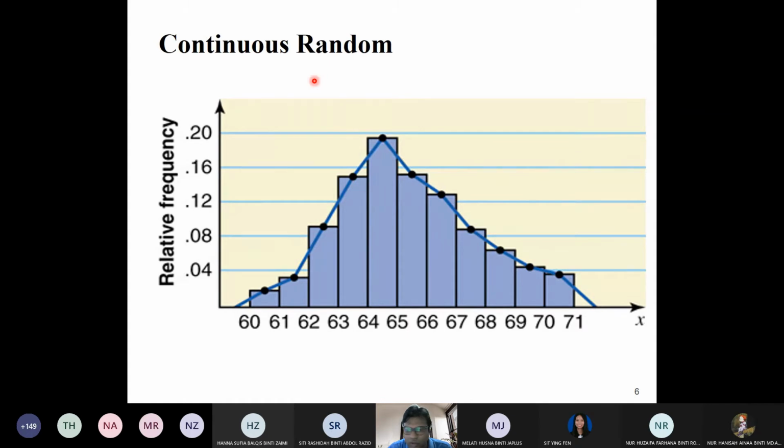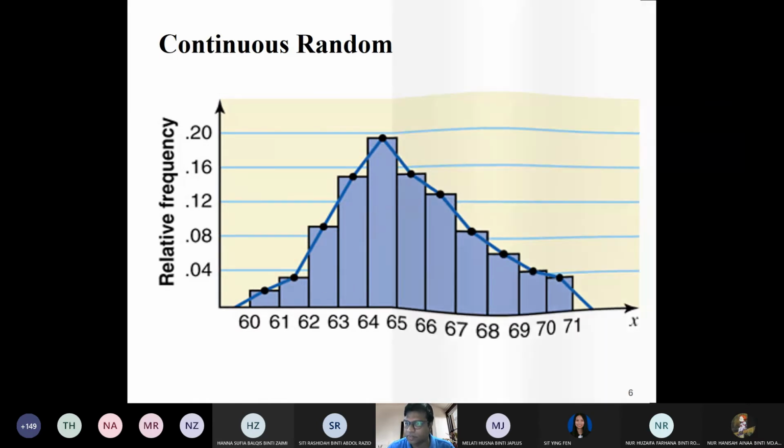So always remember the polygon starts with the lower boundary, away from the actual boundary, I mean the lowest boundary, and then ends up with the upper boundary. Okay, so this is the line, all connected, and then the histogram bars are connected to one another. There's a difference. Always remember.